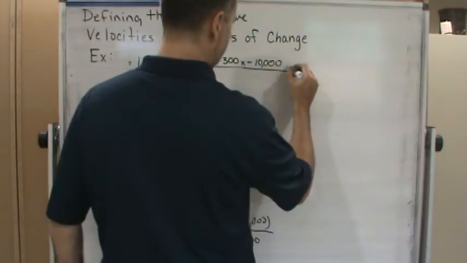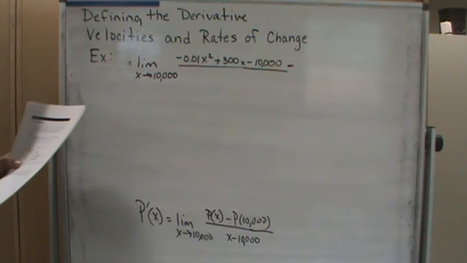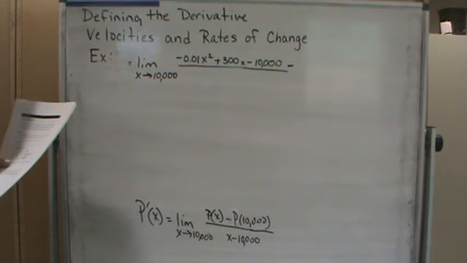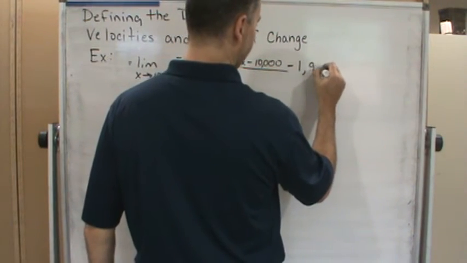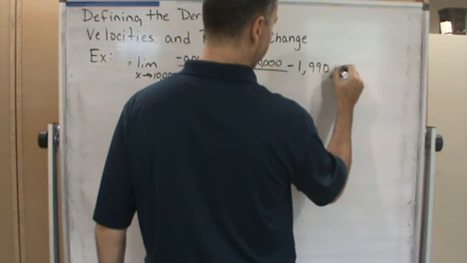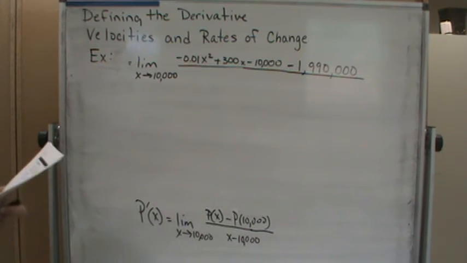Now again, if you calculate P of 10,000, you're going to get 1.99 million. So it's going to be 1,990,000.